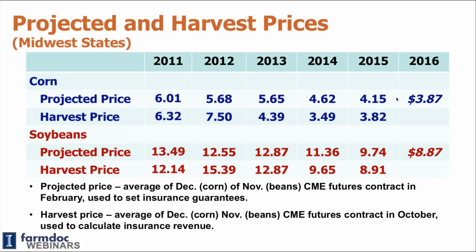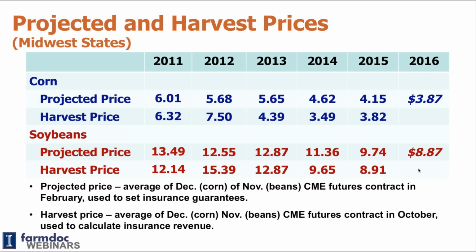Again, this is going to set our guarantees, and again, we're looking at lower guarantees than we have been in the previous years, because that projected price times the APH yield, or approved yield used in your yield calculation, times your coverage level. So again, those projected prices are coming down. We won't know those harvest prices obviously until later this year.